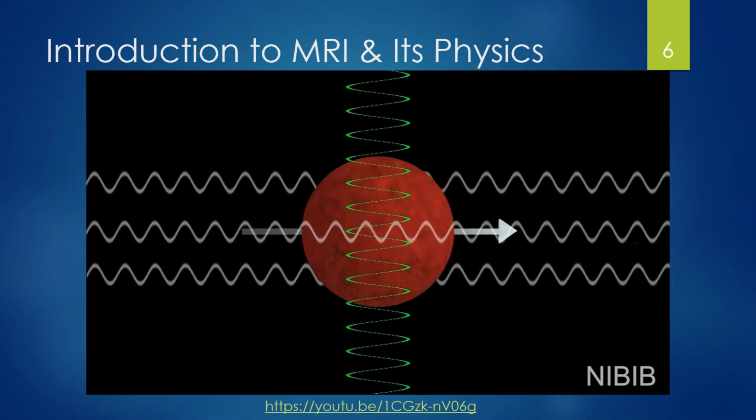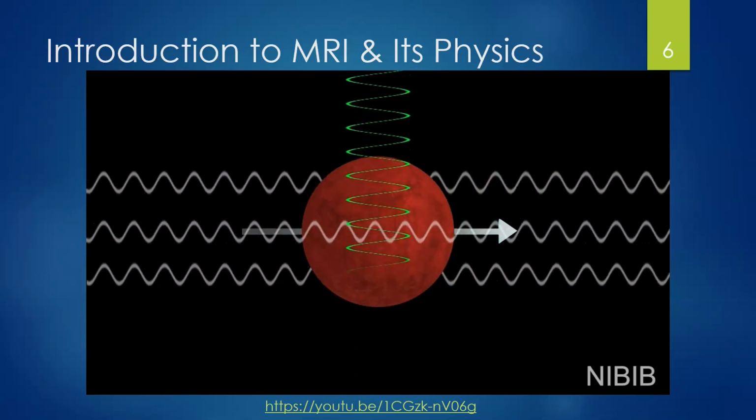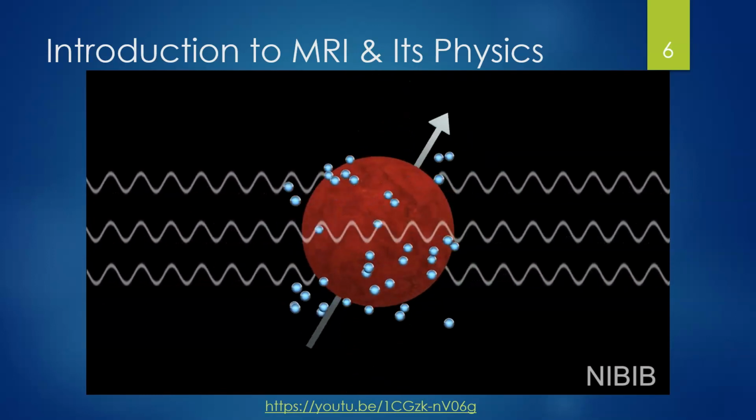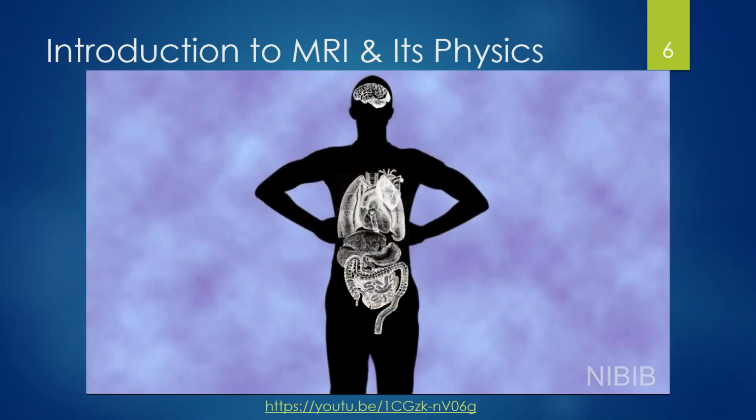Since the radio frequency pulse pushed the proton against its nature, once this pulse is turned off, the protons realign with that magnetic field, releasing electromagnetic energy along the way. The MRI is able to detect this energy and is able to differentiate various tissues based on how quickly they release energy after the pulse is turned off.